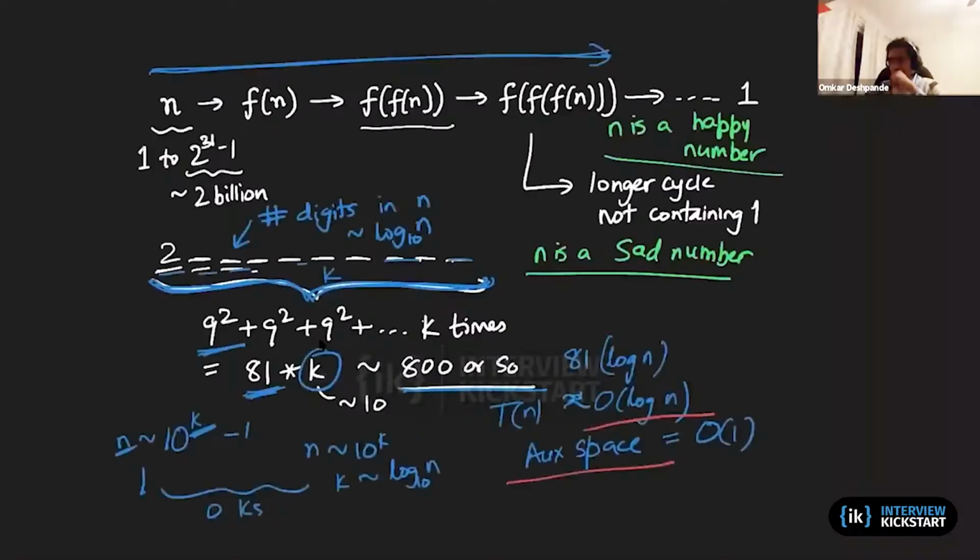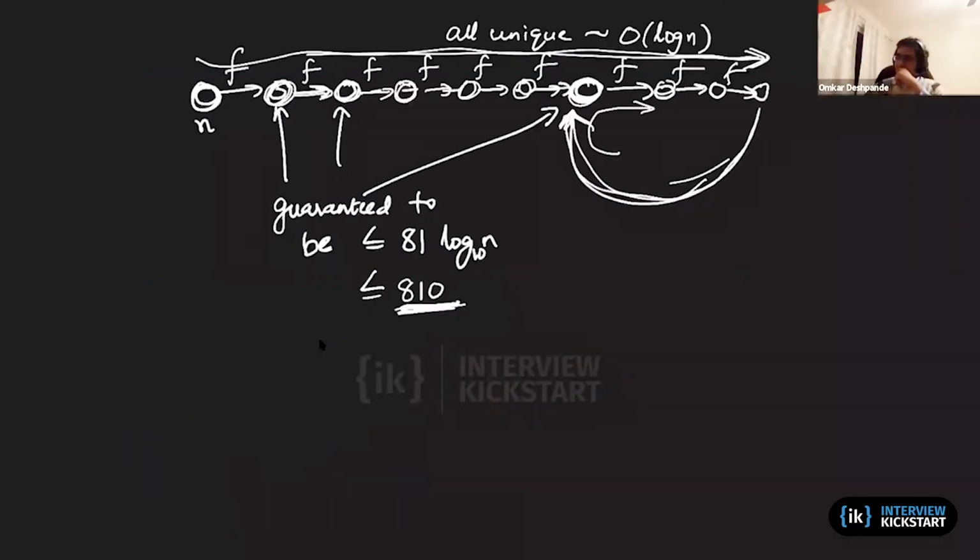Again, going back, in terms of space, all we have lost is the maximum number of numbers that can be there, around 810. That's what we have lost. So in general, you would lose around log n if n is the magnitude of the number and it was allowed to be indefinitely large.